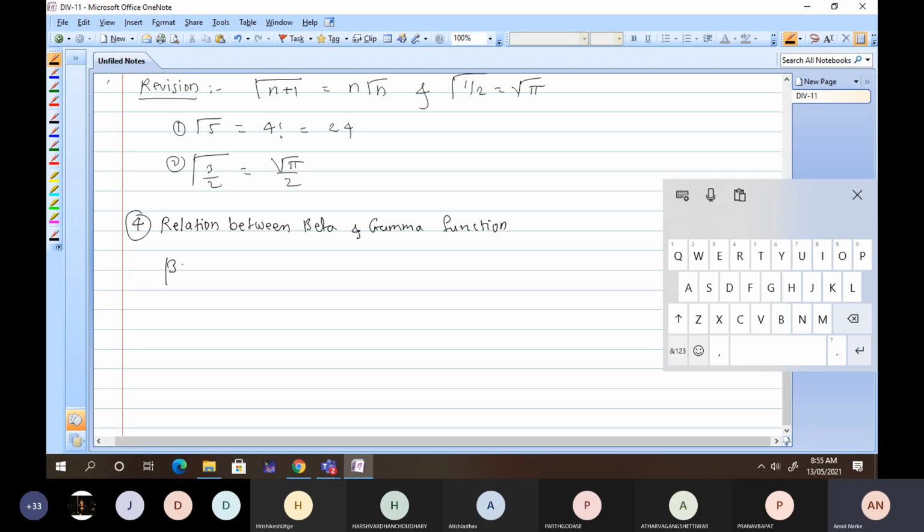Beta of m comma n is equal to gamma of m into gamma of n, whole divided by gamma of m plus n.